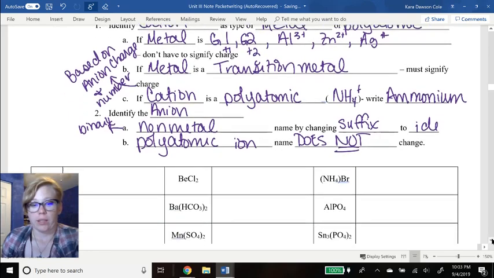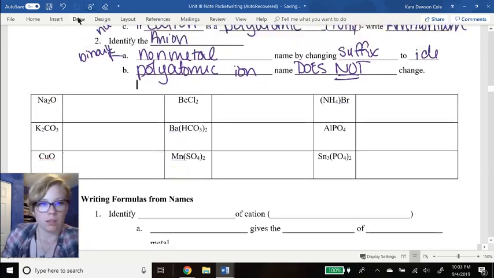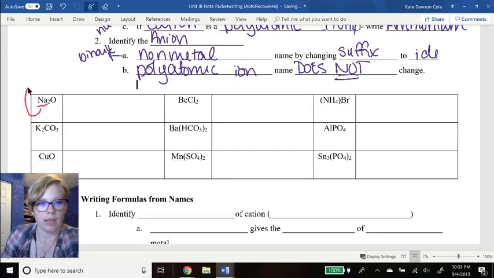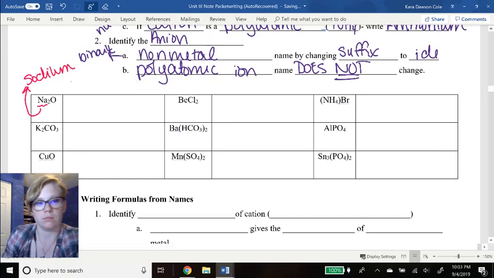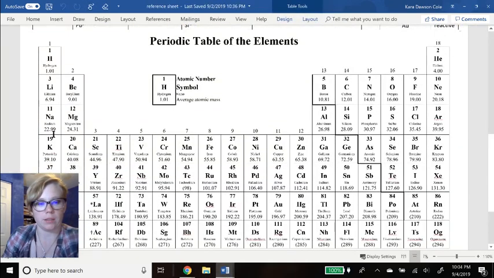So then I can look at these examples right here. I have Na2O. Na is sodium. If you didn't know that, you could look on the periodic table. Looking for sodium, Na is right here.